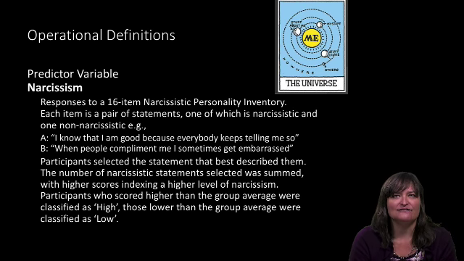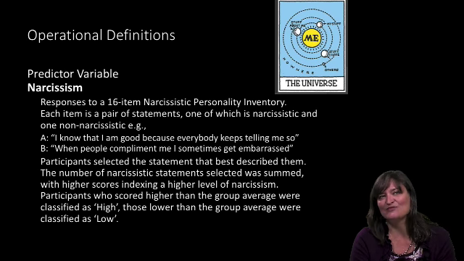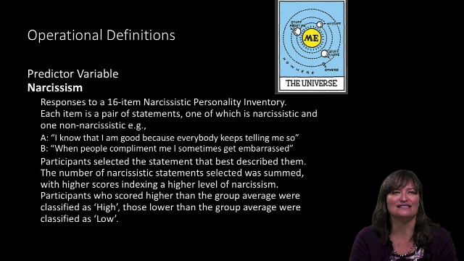We need to operationally define that, and the way these researchers chose to do that, the predictor variable of narcissism, is that they asked the participants to respond to 16 items, self-report, and for each item there was a pair of statements, one of which was a narcissistic leaning statement and one was a non-narcissistic leaning statement. They're going to force them to choose between those two.